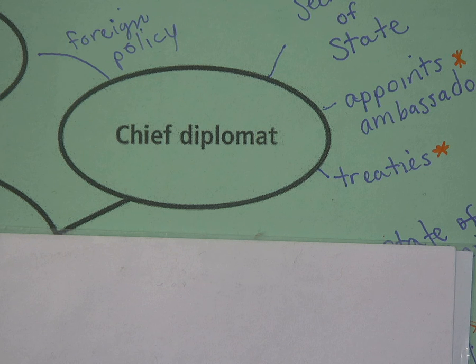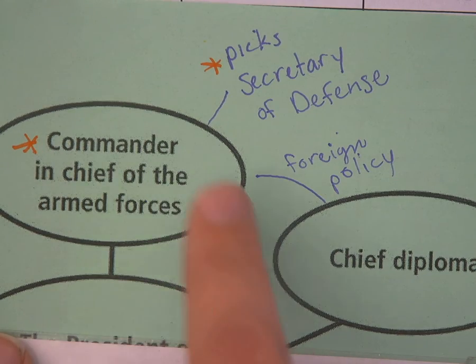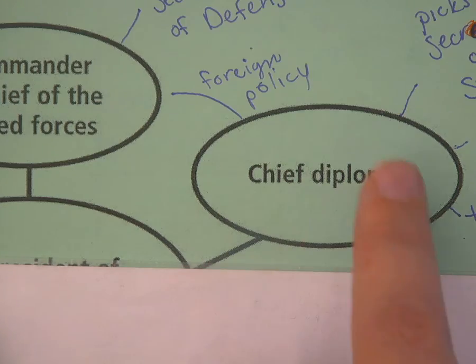He had the Treaty of Versailles to end World War I, but the majority of senators were opposed to the League of Nations. So they opposed the Treaty of Versailles, so it was never ratified in the U.S. So we have two: Commander in Chief, this is military, this is diplomacy.